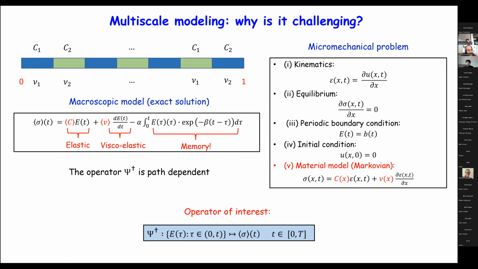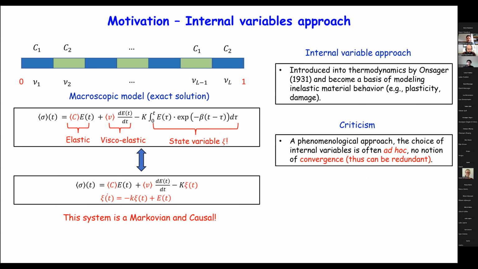In other words, the operator learning we're trying to do has to take all the information of the deformation path into our inputs and map that to the stress output. So that is the key challenge here: how do we incorporate this memory into our models?